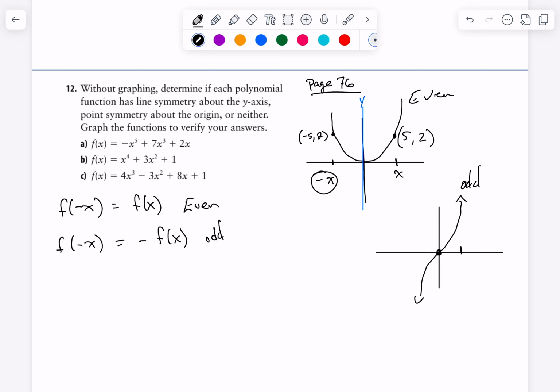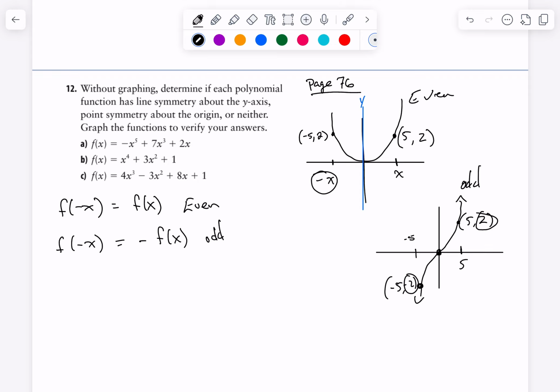So again, if I put in 5, and I have a point of (5, 2), and when I put in -5, I end up getting (-5, -2), then that's what we are deeming to be an odd function. So you can see that the y value is a negative version of the original's y value. So there's a bit of rotational symmetry about the origin, and that's why we call it point symmetry. But again, this needs to work for all values of x along the x-axis, right?